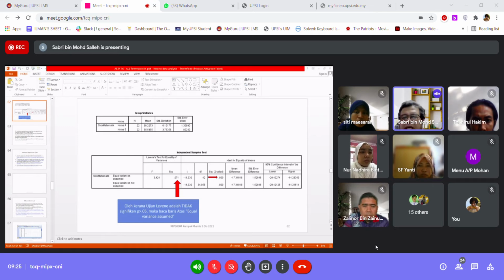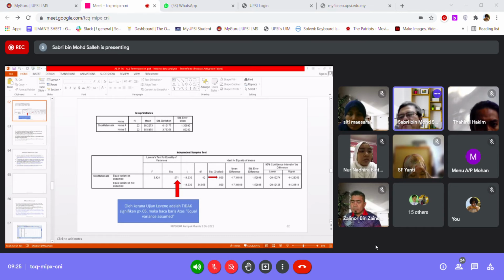So how can we say it didn't happen by chance? Because it happens 95 of 100 times. If it's less than 95, then dia akan keluar sebagai not significant. Okay. So now, boleh tengok ni, is the difference significant or not? You look at the sig two-tailed.